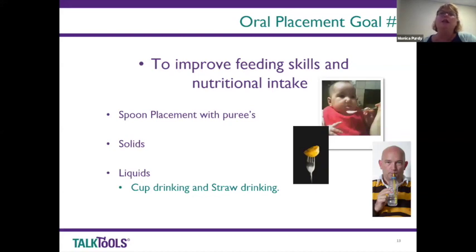Children are now starting to use those sippy cups to self-soothe. So you'll see parents say, oh, you're upset, here, take a drink, okay? And what's the kid doing? Suckling, basically.